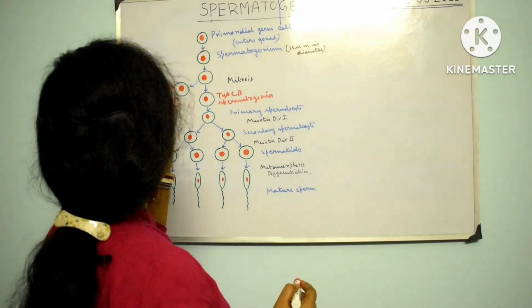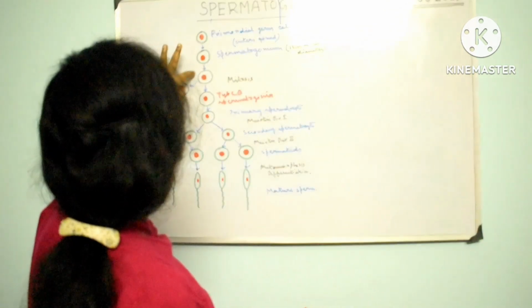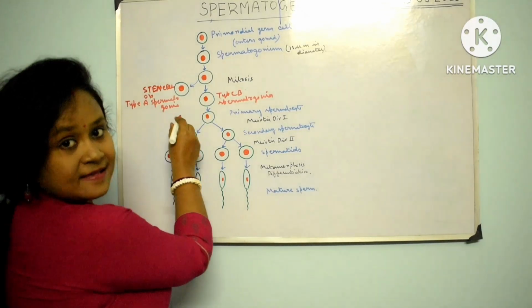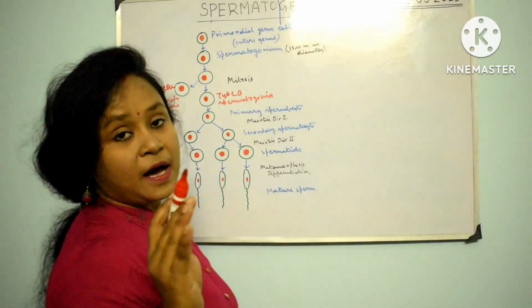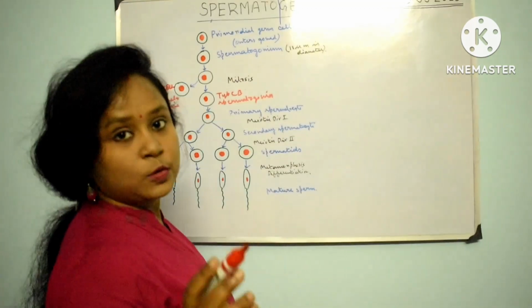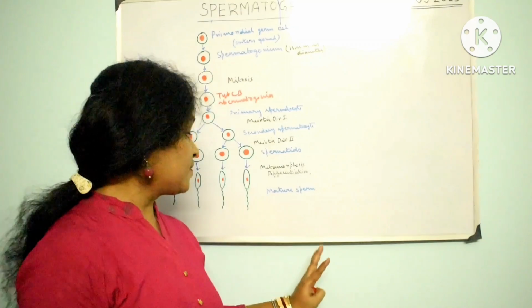It can give rise to other types of cells and to this progenitor cell. Type A spermatogonia serve as stem cells for the spermatogenetic lineage, whereas type B spermatogonia are the precursor cells and differentiate into sperm.